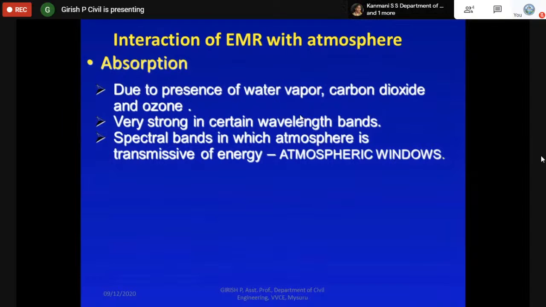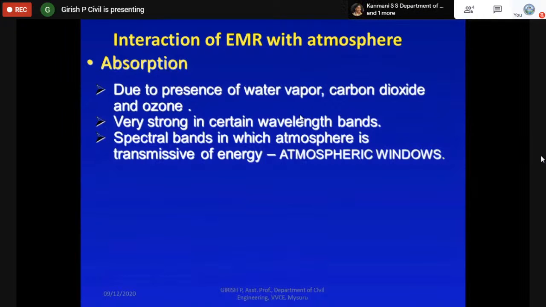Many times the process of absorption is stronger in certain wavelength bands, not in all bands. In a specific wavelength band, the absorption process is very effective. And the spectral bands in the atmosphere continuously transmit a portion of the energy. Such continuous transmission of energy is called an atmospheric window.